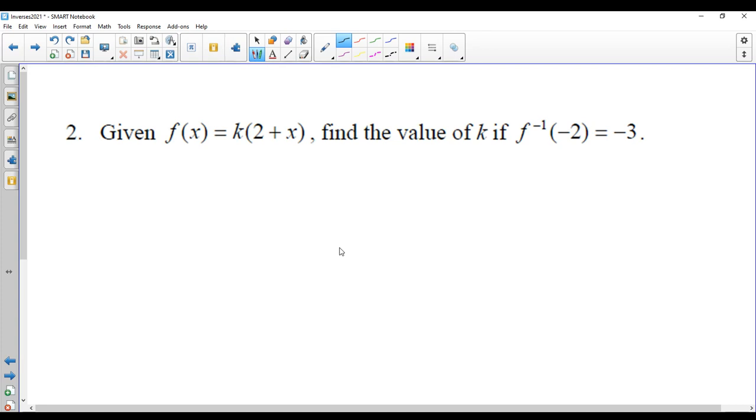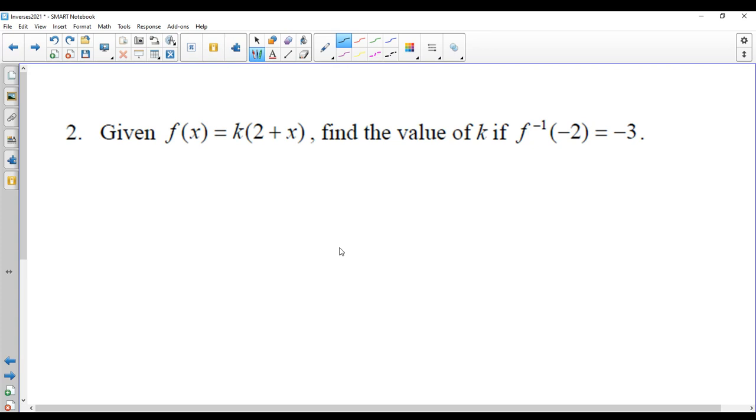Remember that the x and the y will swap in the inverse. So if minus 2 in the inverse gives you minus 3, what that means is that minus 3 in the original function gives you minus 2. Remember that the inverse and the function cause the x and the y to trade places.